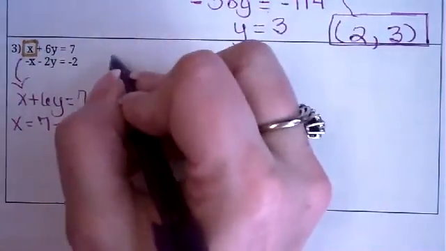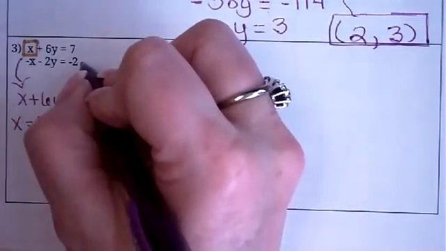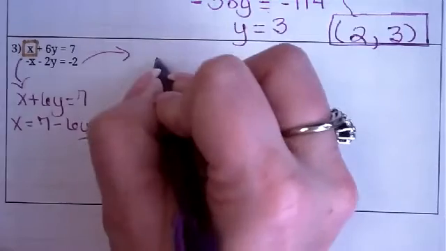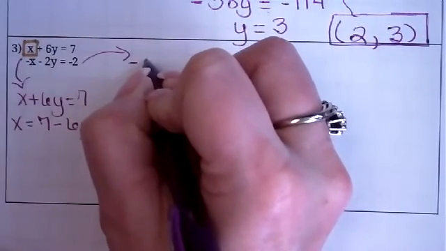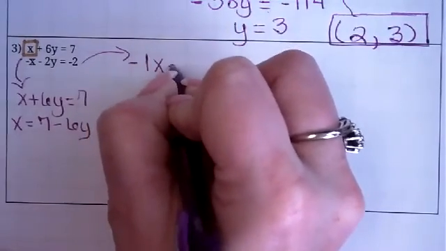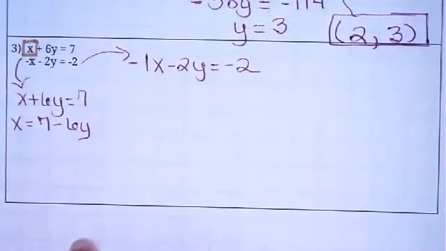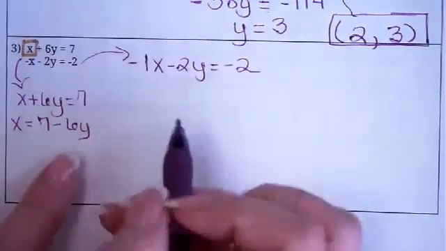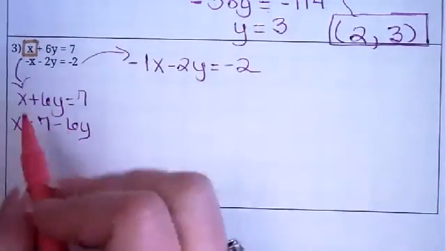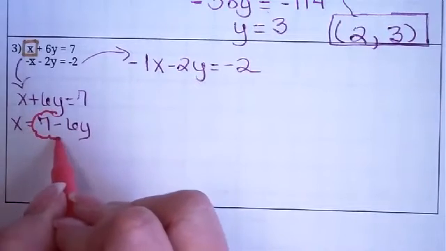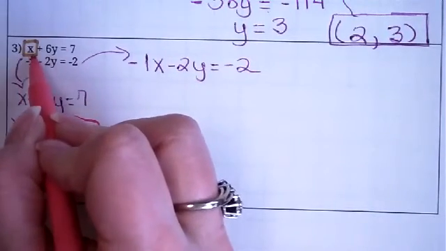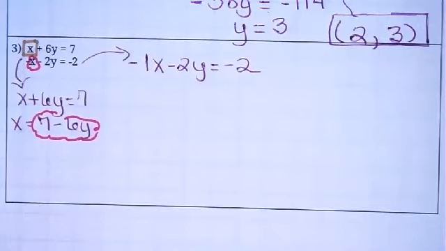Now, in the next part, I'm actually going to use the second equation. And I'm going to put a 1 placeholder right here. So negative 1x minus 2y equal to negative 2. The reason I put the negative 1 placeholder is because when I substitute all of this right here in place of that x, I'm going to have to multiply, distributive property type, by negative 1.